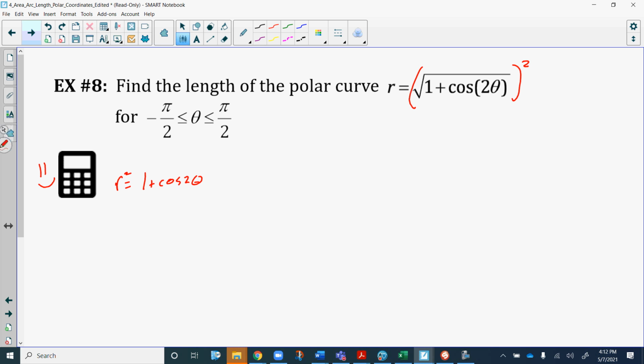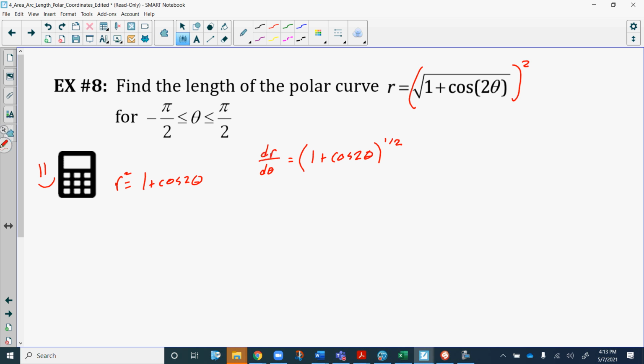So dr d theta, this is where it gets a little complicated because of the square root. I'm going to rewrite it in exponent form: 1 plus cosine of 2 theta, not 2 cosine of theta, to the 1/2 power. When I take the derivative of this, we have to use the chain rule a couple of times.